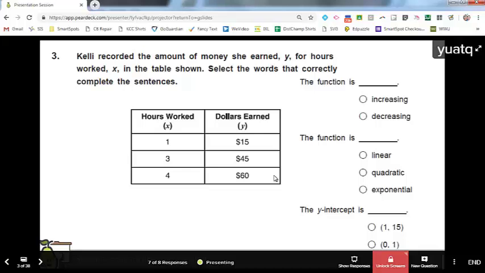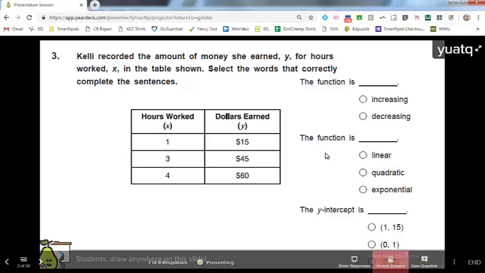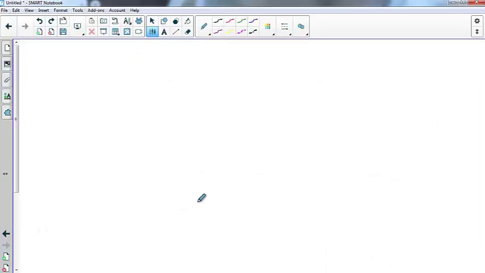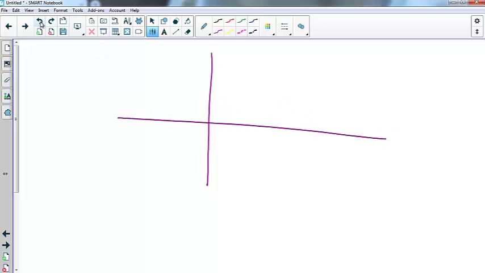So the last part is this y-intercept, and we were kind of 50-50 on that. I had about half of us who said 115 and the other half that said 0, 0. I want you to think about the y-intercept. Okay, so if I graph this, I had 115, I had 345, I had 460, right?